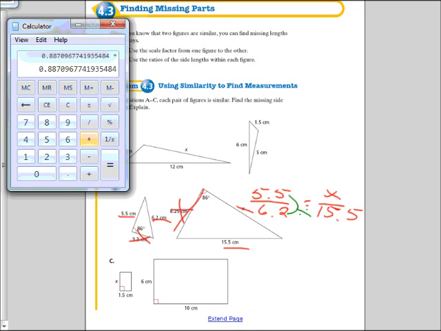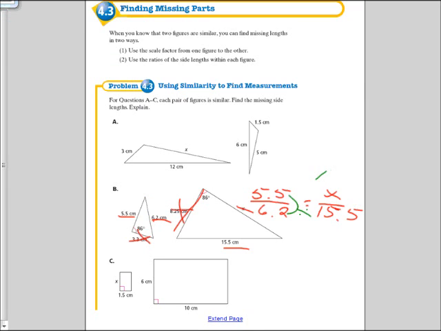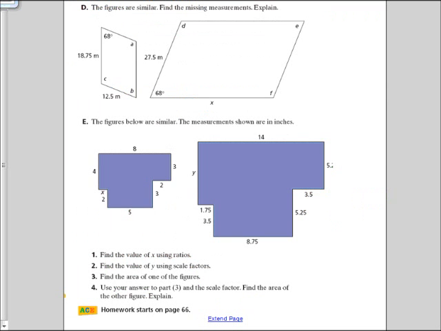I multiply that times 15.5, and I get 13.75. 2 different ways. We can use scale factor, or we can use these ratios. Try that out on C. Whether you're using scale factor or ratio, I want you to be consistent with what you do. And then a little extra practice on the backside.